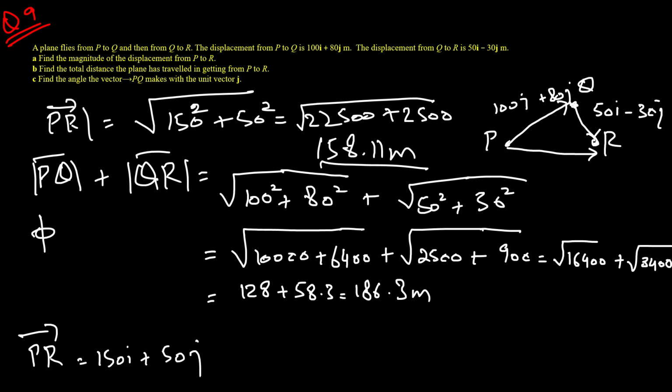So the total distance the plane traveled while going from P to Q and then Q to R is 186.3 meters.